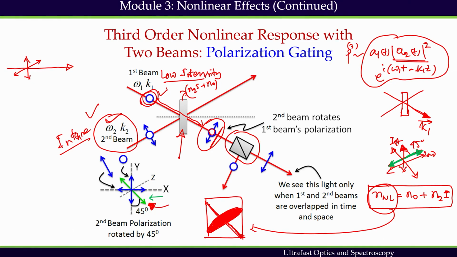And this rotation is possible only when they are spatially and temporally overlapped. If they are not overlapped, this transient anisotropy cannot be realized. So this is a beautiful demonstration of the ACD term which we have already shown. This is two beam coupling. We will stop here and we will continue this module in the next lecture.